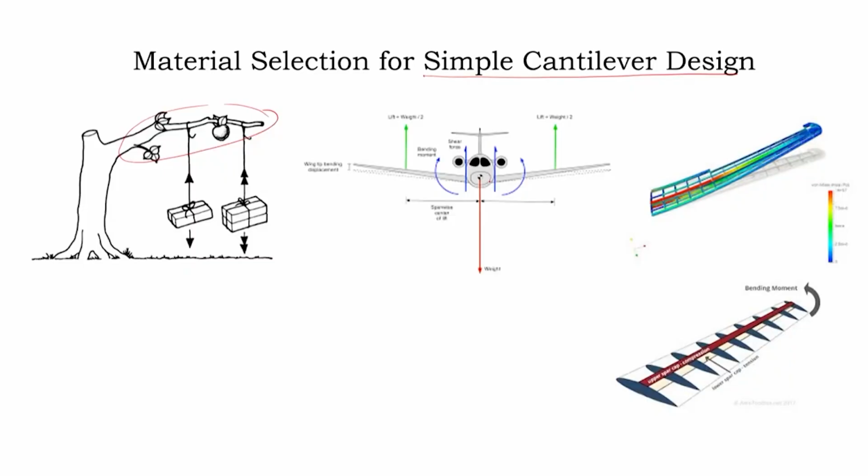Now, you look around, you would see there are many examples of such cantilevers all over around us in the form of products. For example, the aircraft wings are structurally analogous to this tree branch, and also behave like a simple cantilever beam in their elementary form.